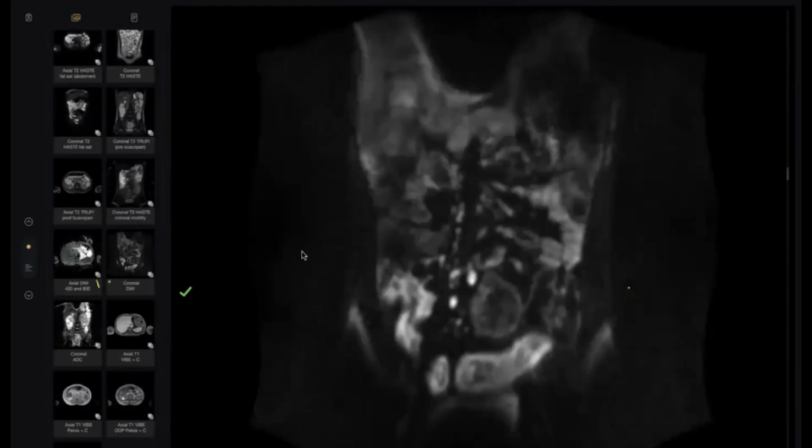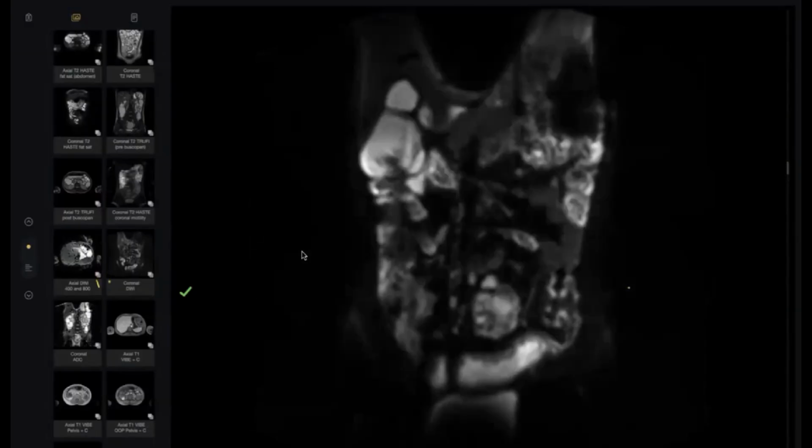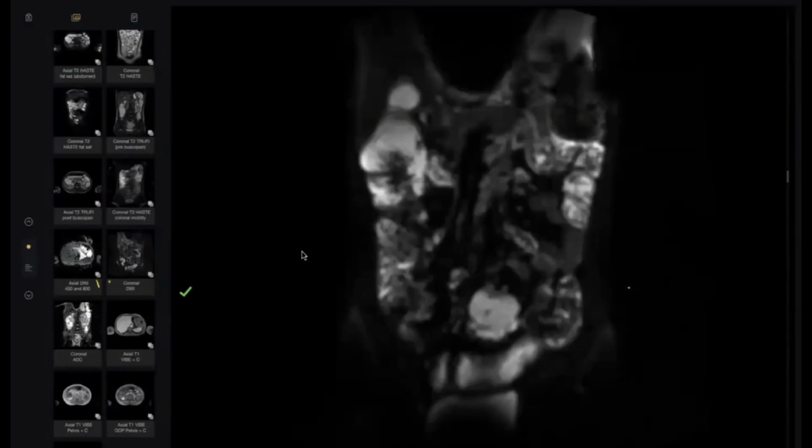This is T2 weighted axial. This is the ADC image.